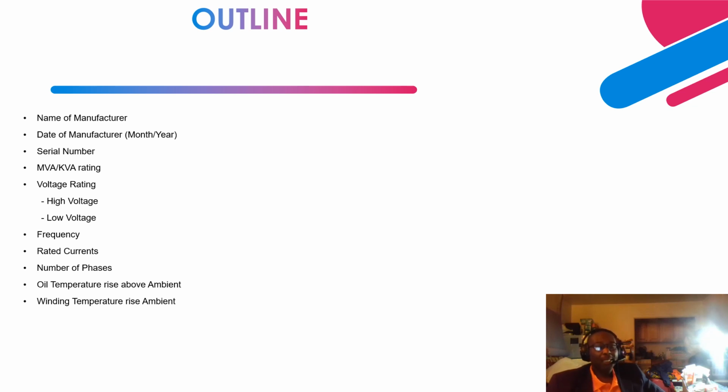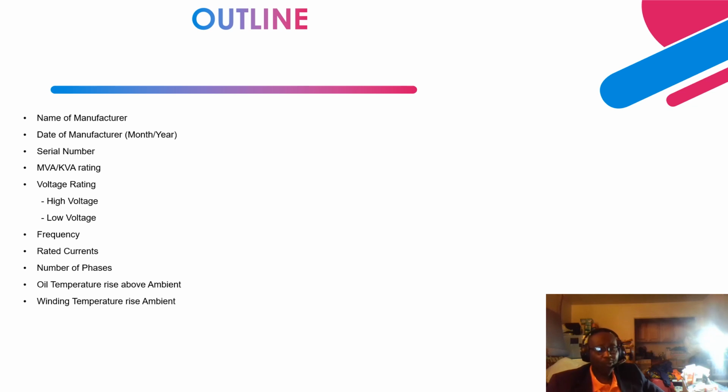Okay. Next is the voltage rating. You can have a high side voltage rating and a low voltage side rating. A typical example is a sub-transmission level step-down transformer that steps the voltage from 345 kV to 13.8 kV.